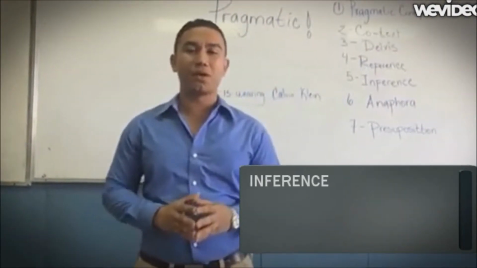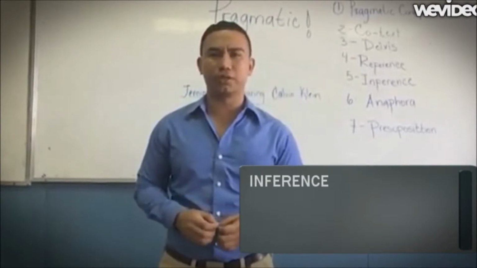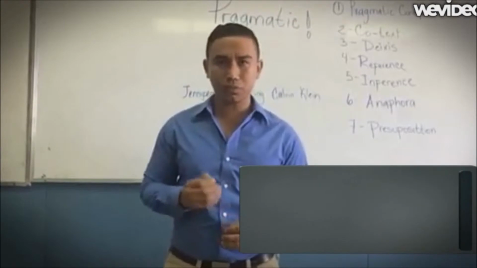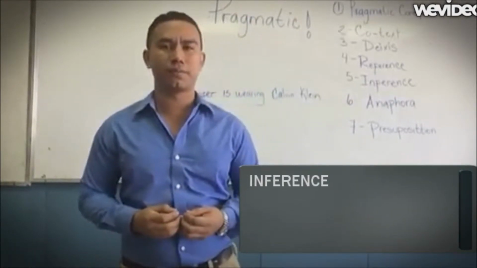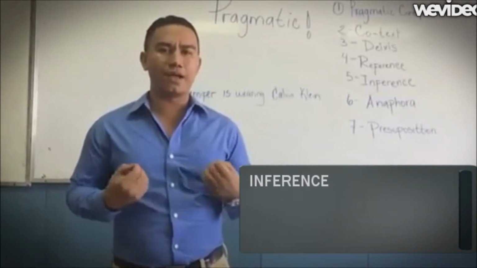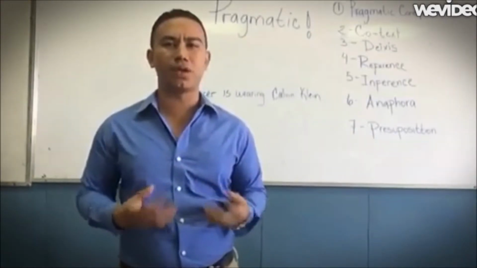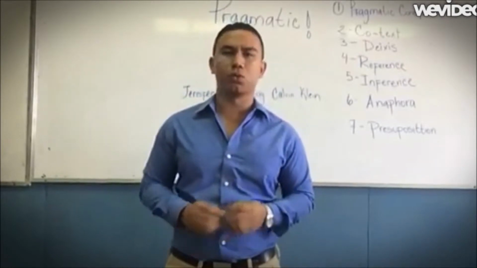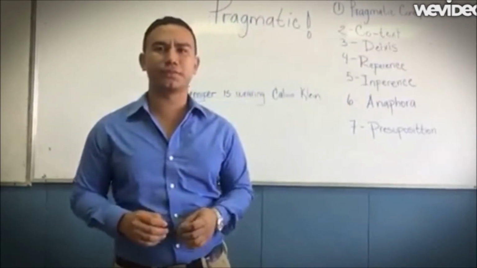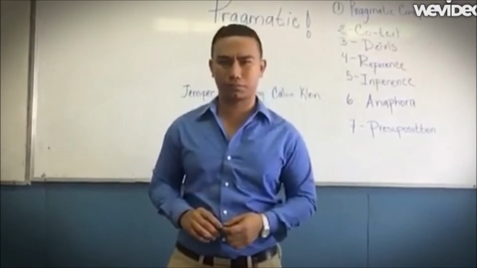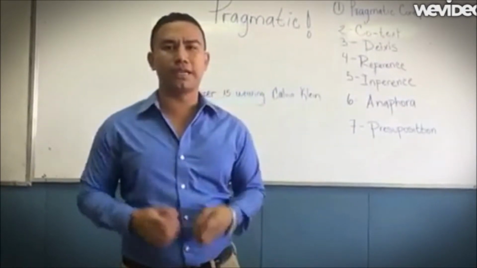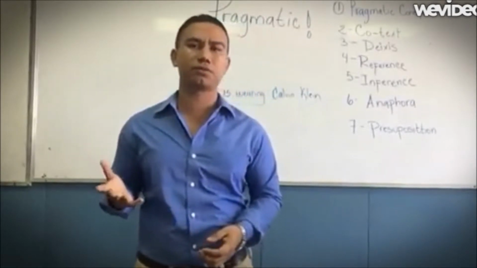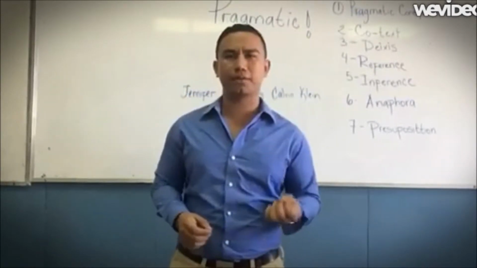Now, we are going to continue talking about inference. But first of all, we have to know that to have an inference, we already had to have a reference. So, the inference is made by the listener, which means that every time you listen to something from the speaker, you always make an inference.